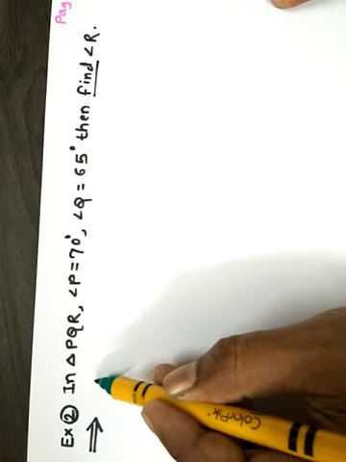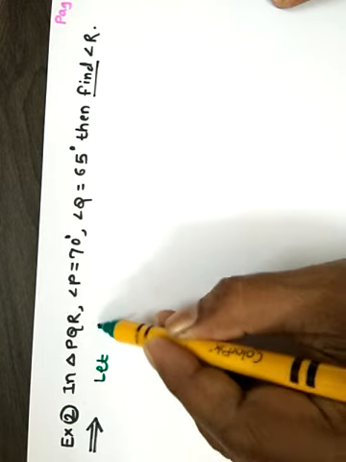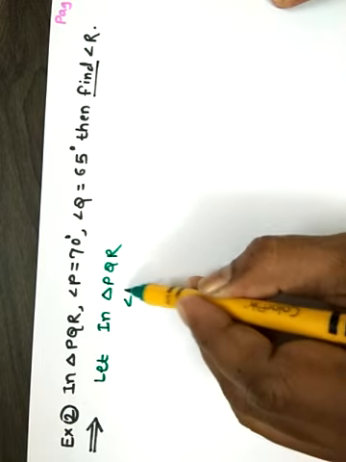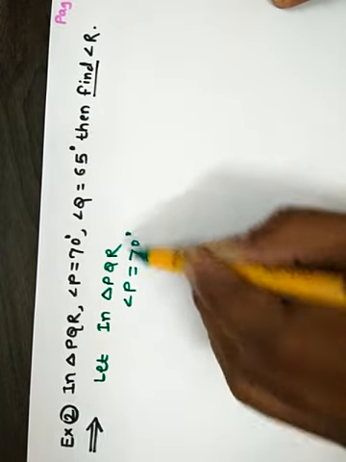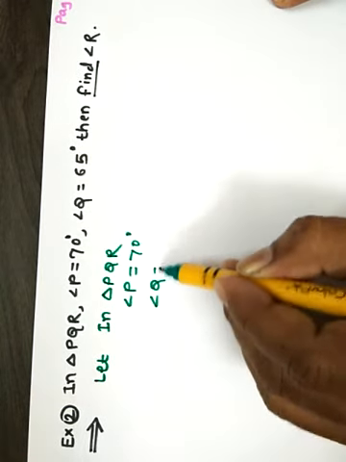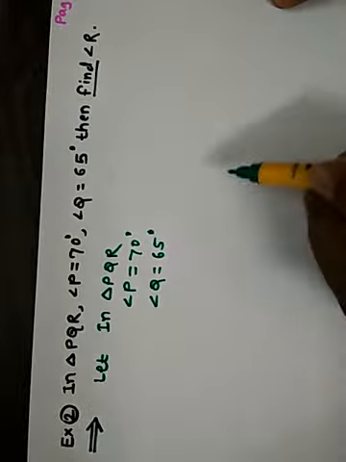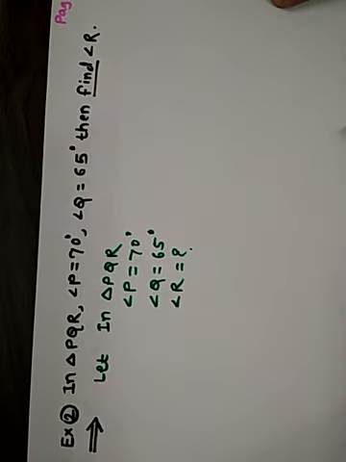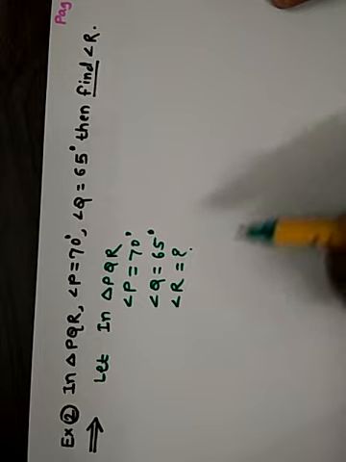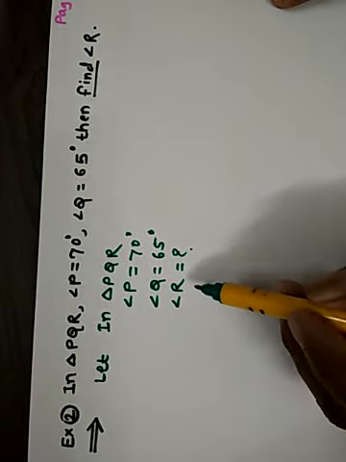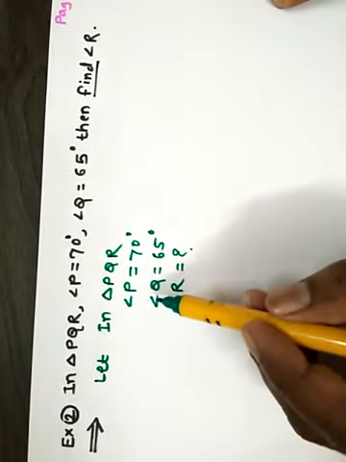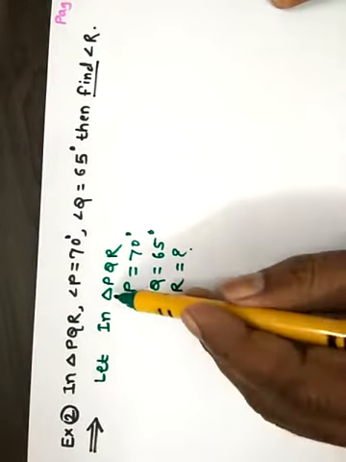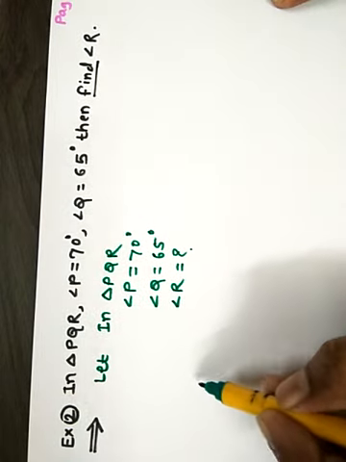See, first write what is given in triangle PQR: angle P is 70 degrees and angle Q is 65 degrees. Our aim is to find the measure of angle R. What is the relation between the measures of the three angles? The sum of measures of the three angles of a triangle is 180 degrees. So we use this property here.